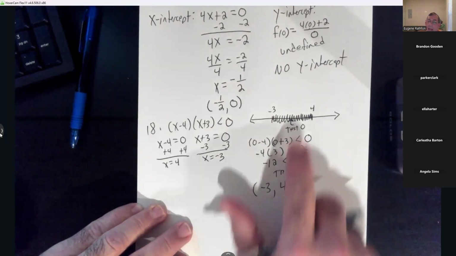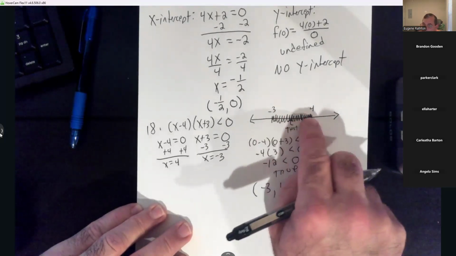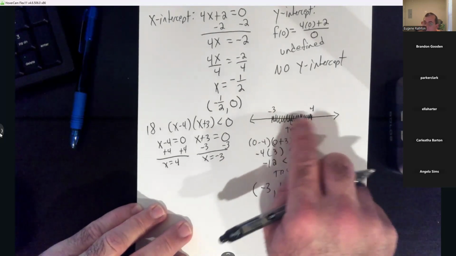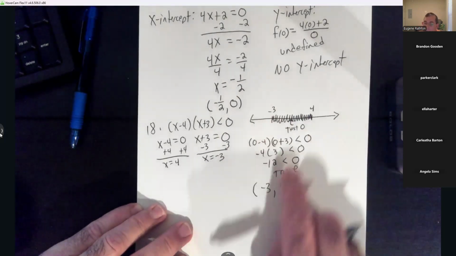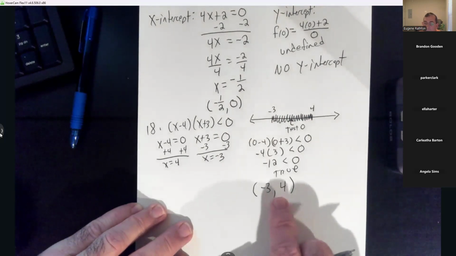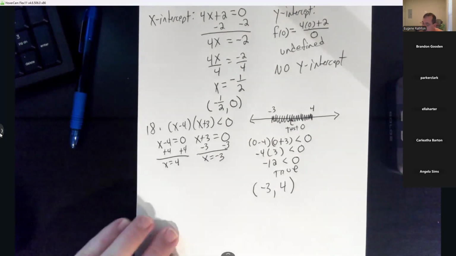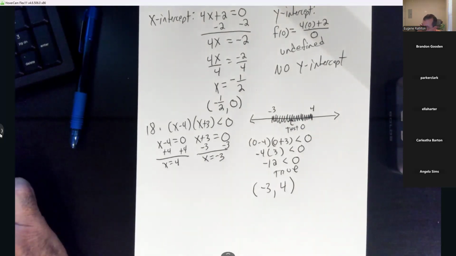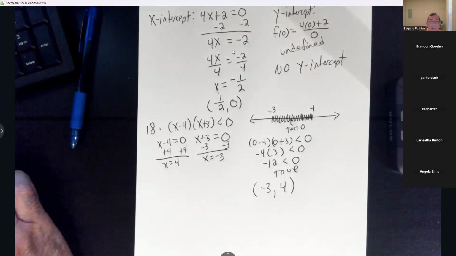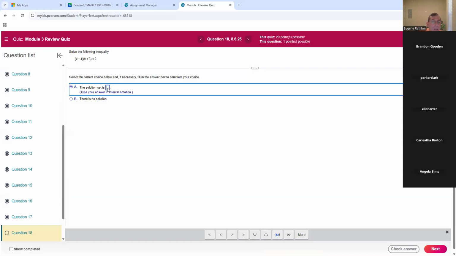So your interval has to match your number line there, okay? And since it's only true between -3 and 4, that's only two numbers you got in your answer, okay? So we're going to go put in a -3 and 4 for that one. And y'all, you got to put a parentheses from -3, comma, 4, and then close parentheses.